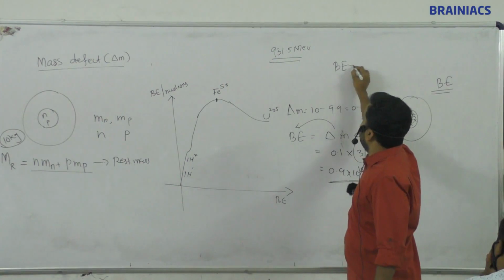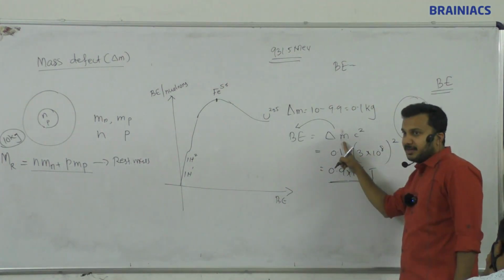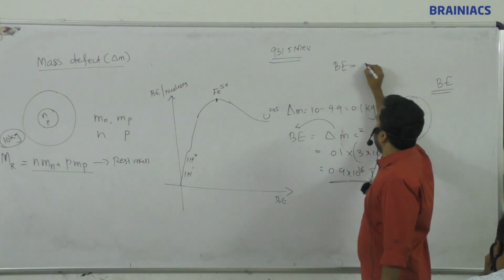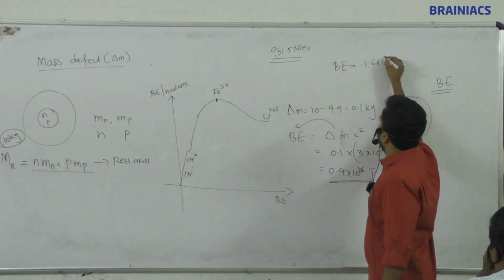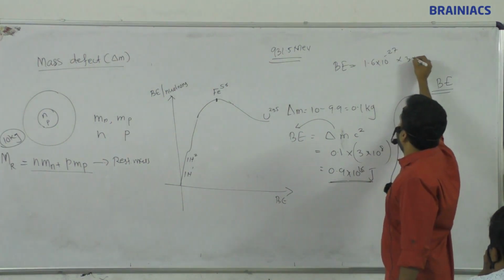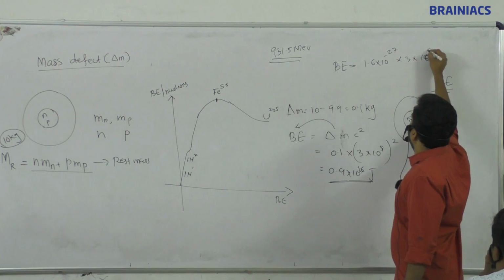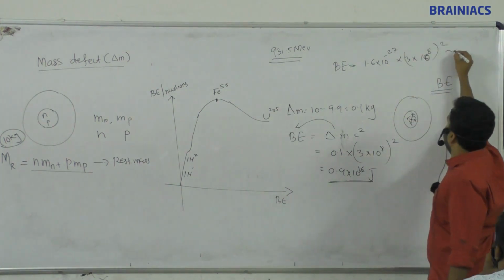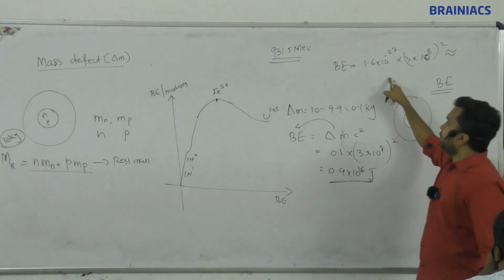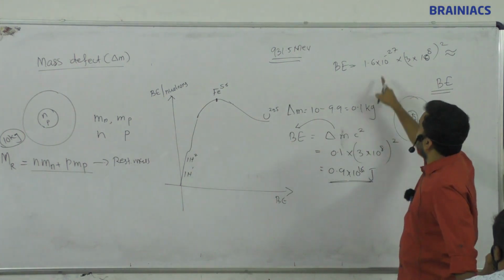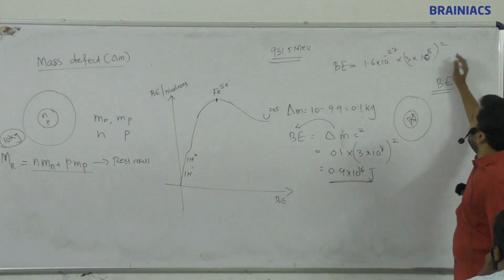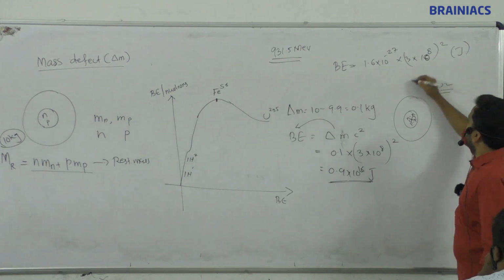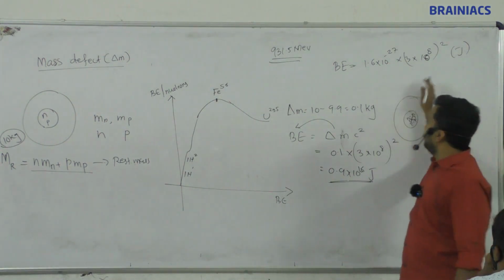For example, if you take the mass as 1 AMU, 1 AMU means 1.6 into 10 power minus 27, times 3 into 10 power 8 the whole square. If you simplify, the binding energy comes in joule. This joule I need to convert into electron volt.